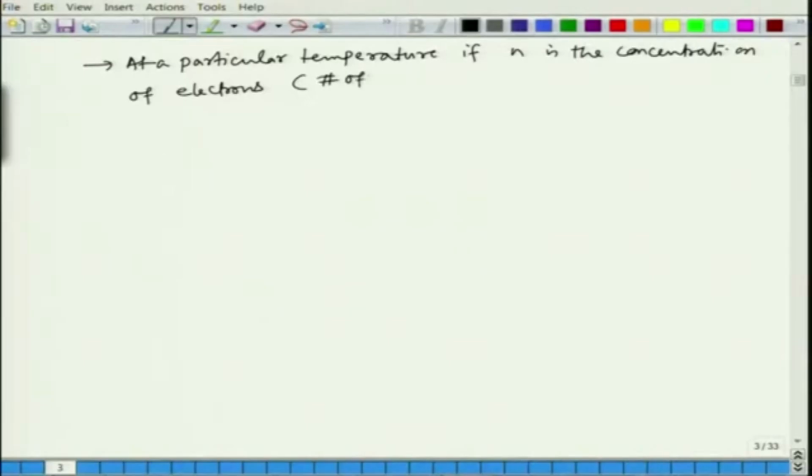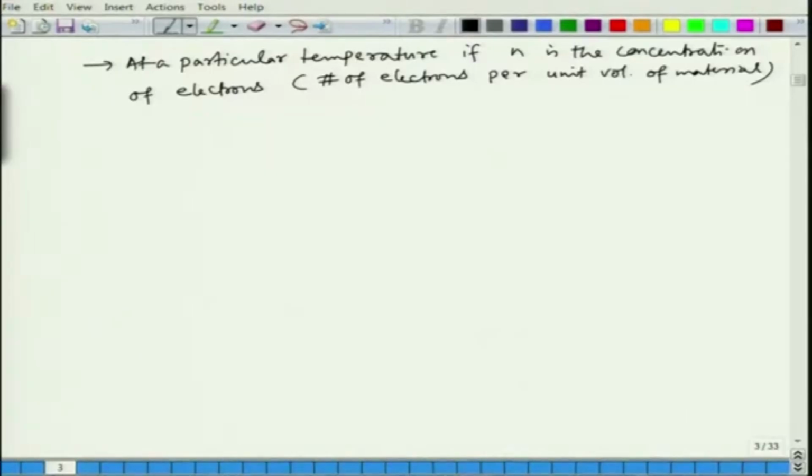Number of electrons per unit volume of material. So, it is basically volumetric concentration.